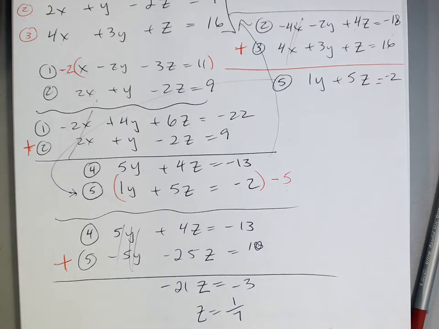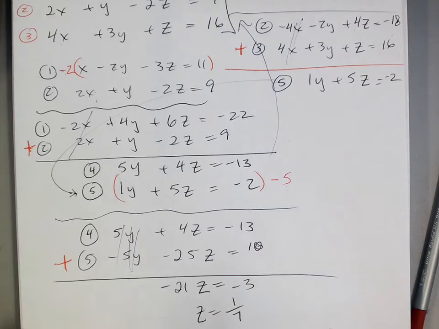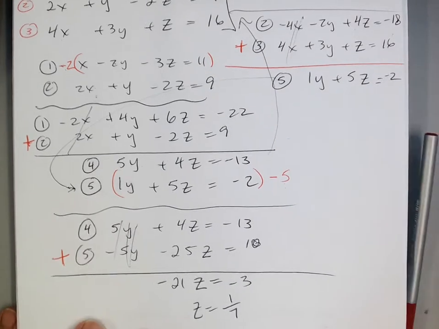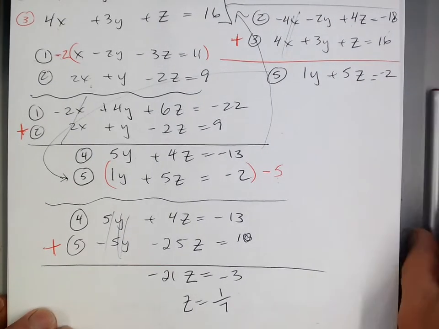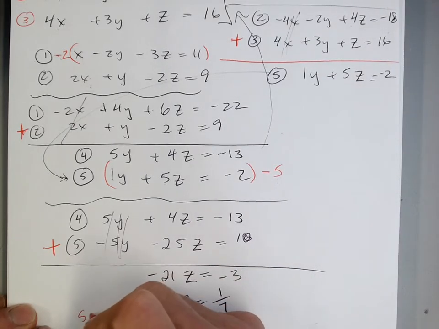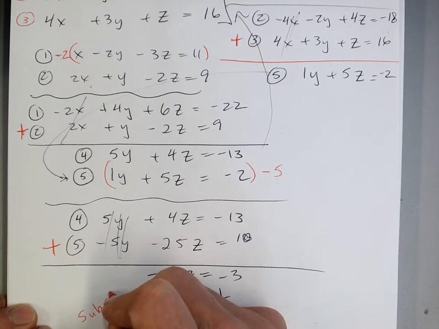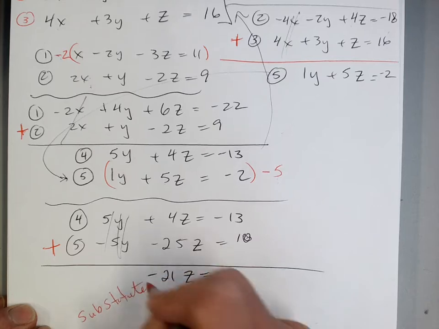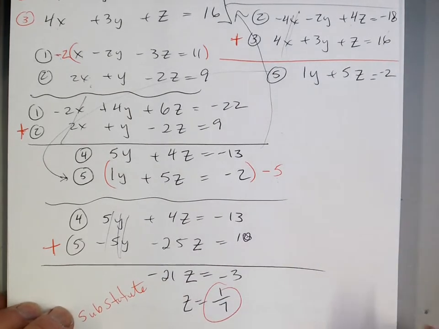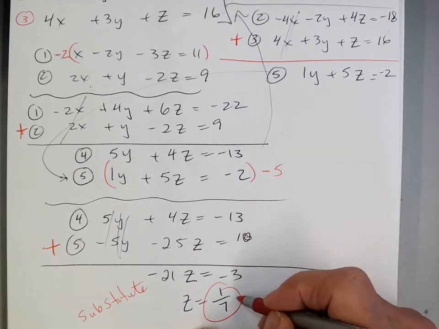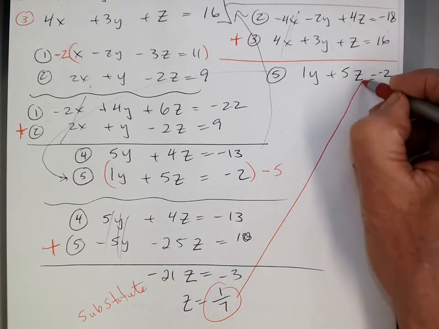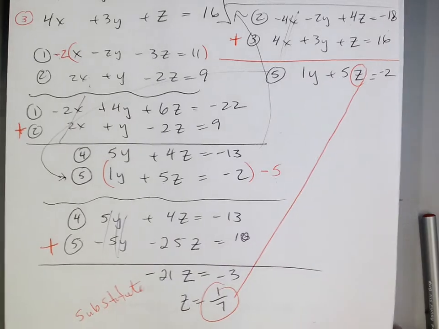All right, so now my answer has got to be some x, y, z, okay? So now I can substitute. Now I'm going to start substituting. If I know z is 1/7, let's put that right there. I'm going to put it into equation 5.